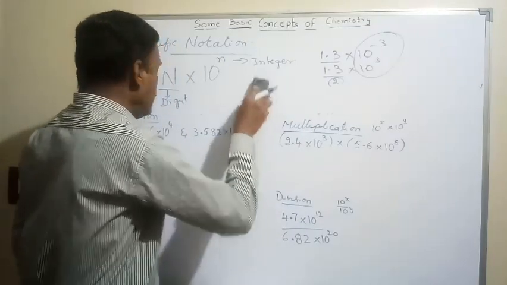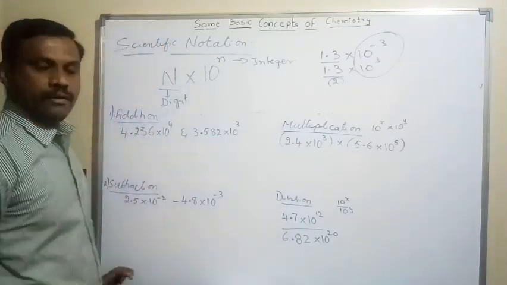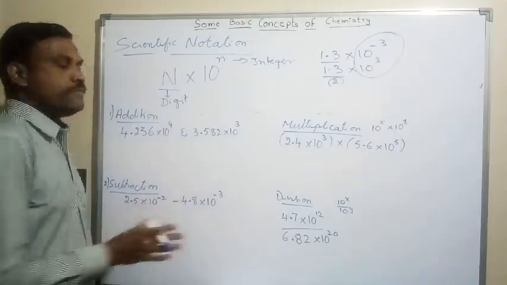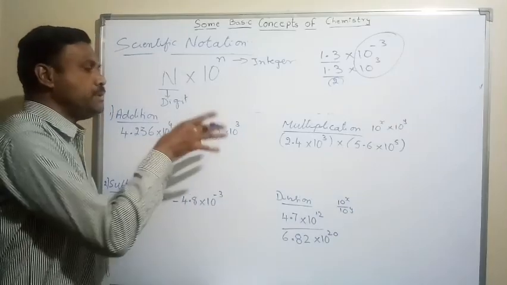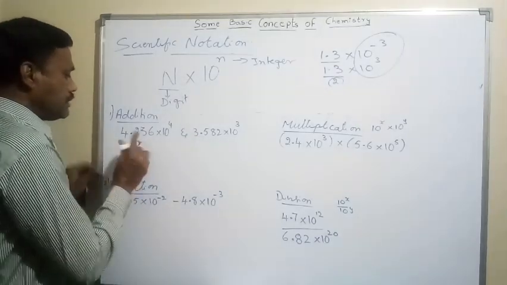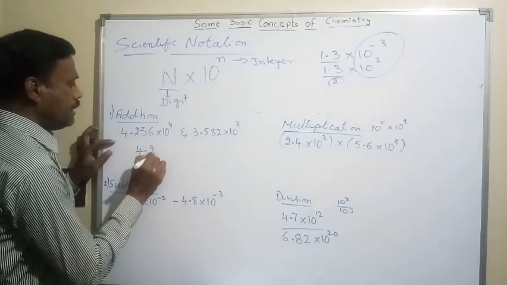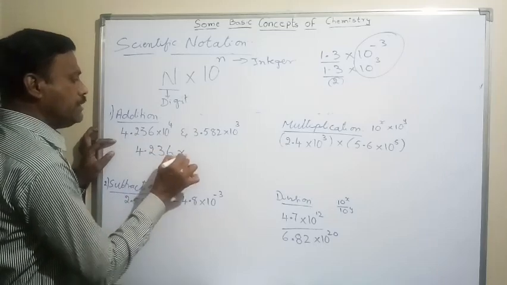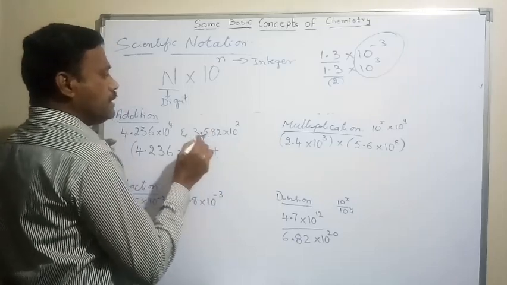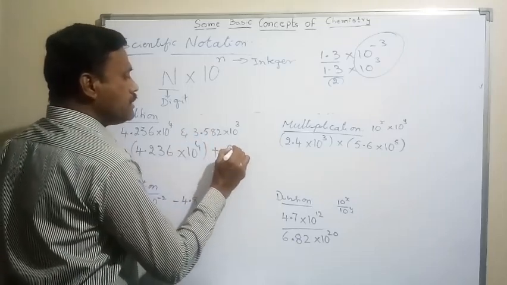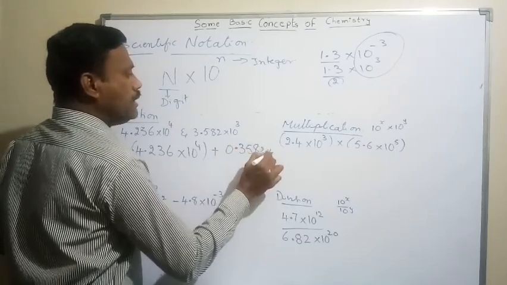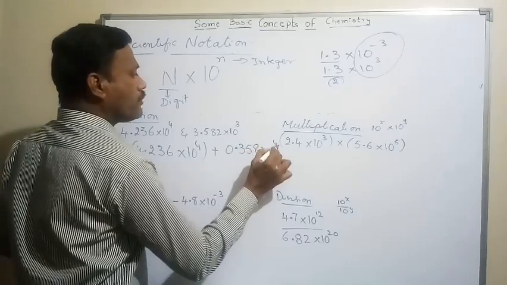So scientific notation in case of addition and subtraction, the exponent form should be the same. If the exponent form is not the same, it has to be made the same by changing the small n. So here 4.236 into 10 to the power of 4 plus, shifting the decimal to the left hand side, 0.3582 into 10 to the power of 4.